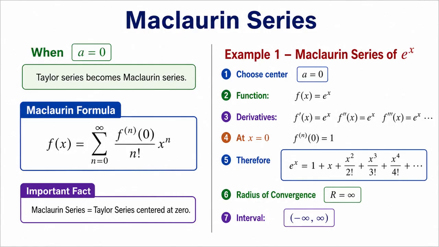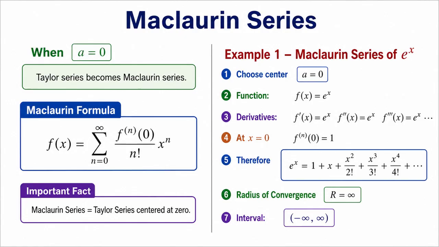Many important functions are expanded using Maclaurin series. Because the center is 0, the formulas become simpler and easier to use. For this reason, Maclaurin series is one of the most frequently used tools in calculus and engineering.